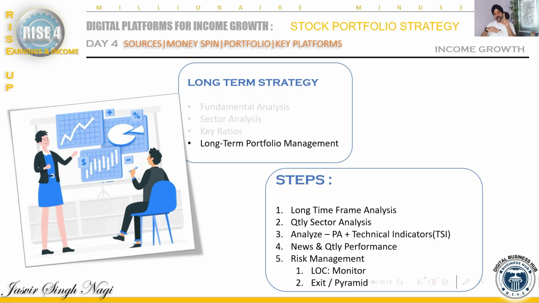If it touches and the graph goes up, then you go pyramiding yourself even higher by averaging for a long-term basis. So this is what a long-term strategy was all about, and you understanding the key ratios as a continuation.